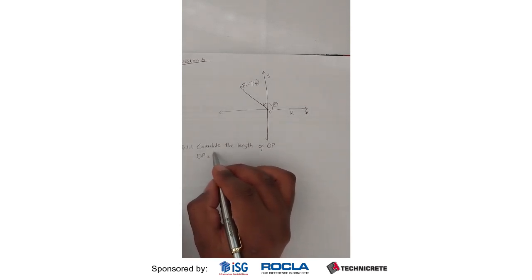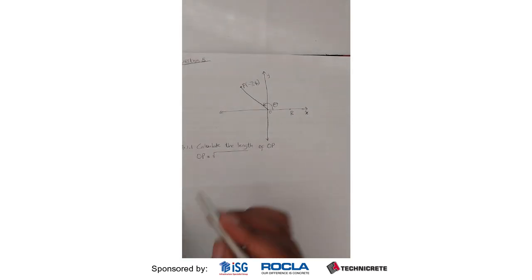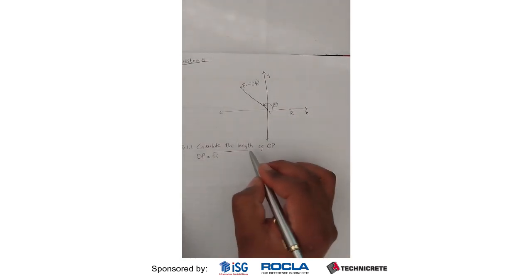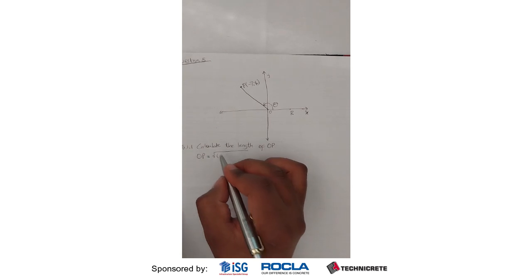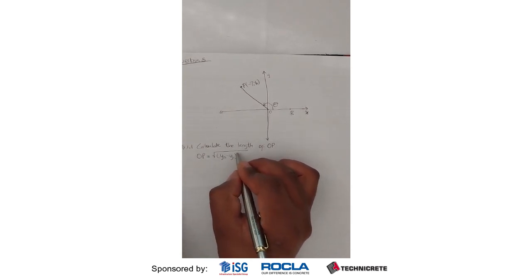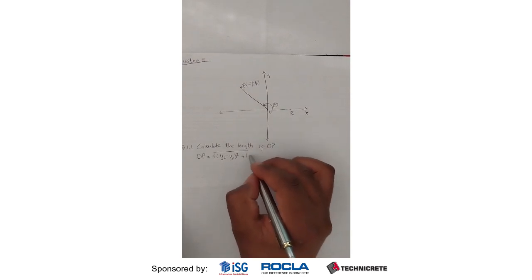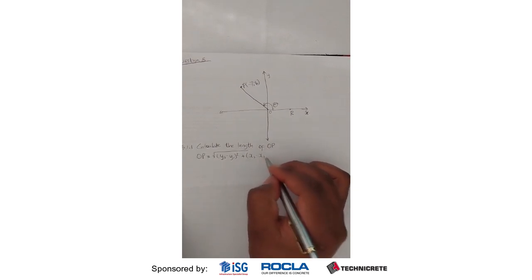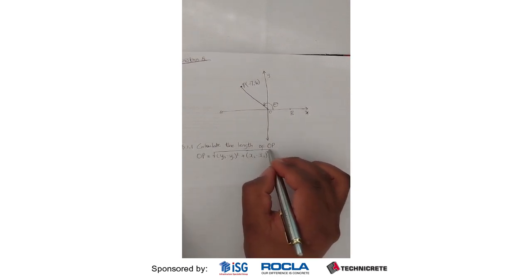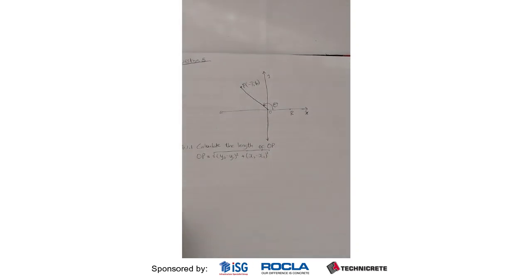This would be in our formula sheet, where the length of OP will be the square root of y2 minus y1 all squared plus x2 minus x1 all squared.